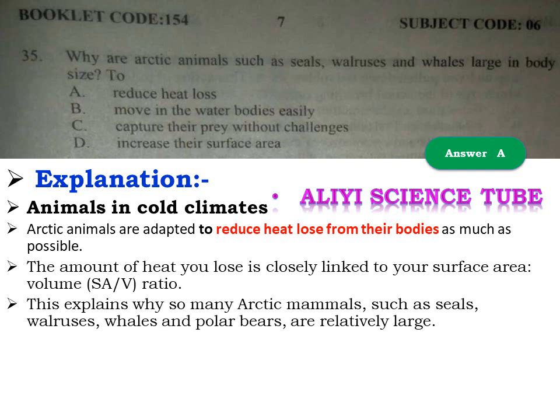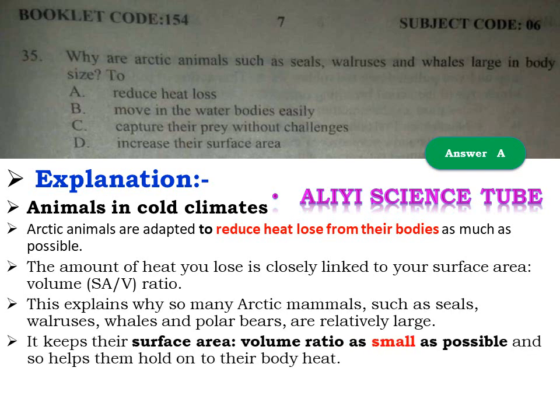This explains why so many aquatic animals such as seals, whales and polar bears are relatively large. So it keeps the surface area to volume ratio as small as possible, which helps them hold their body heat, so to reduce heat loss. So the answer is A.